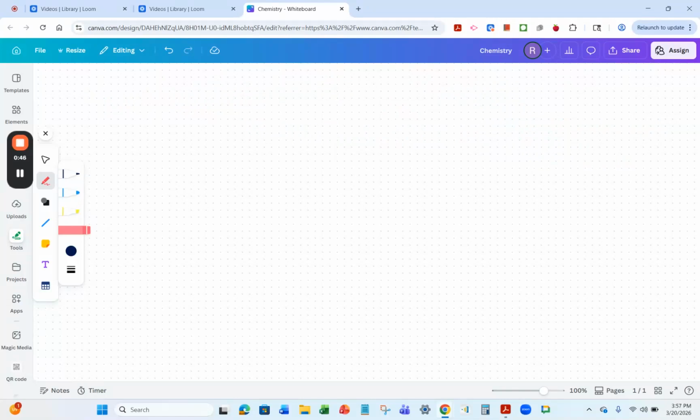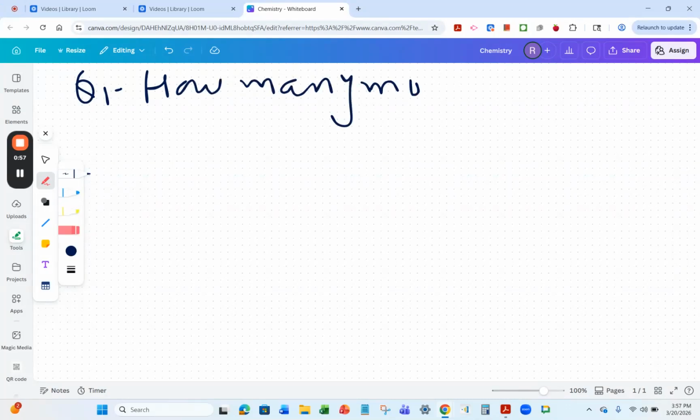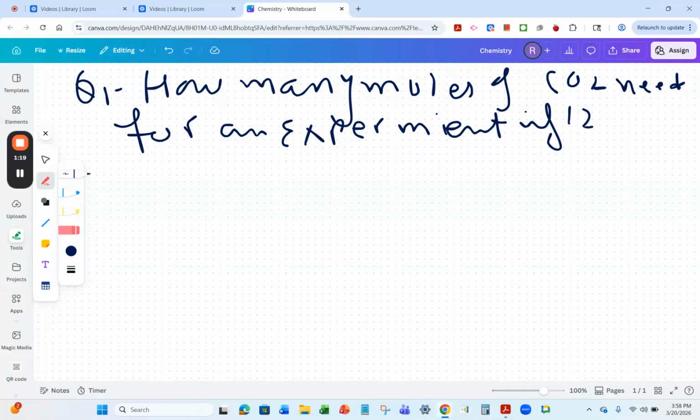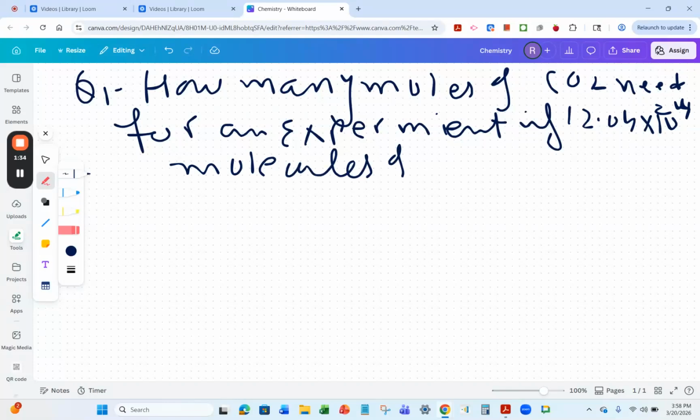Let's say this is the question: How many moles of carbon dioxide are needed for an experiment if 12.04 times 10 raised to the power 24 molecules of carbon dioxide are given to you?